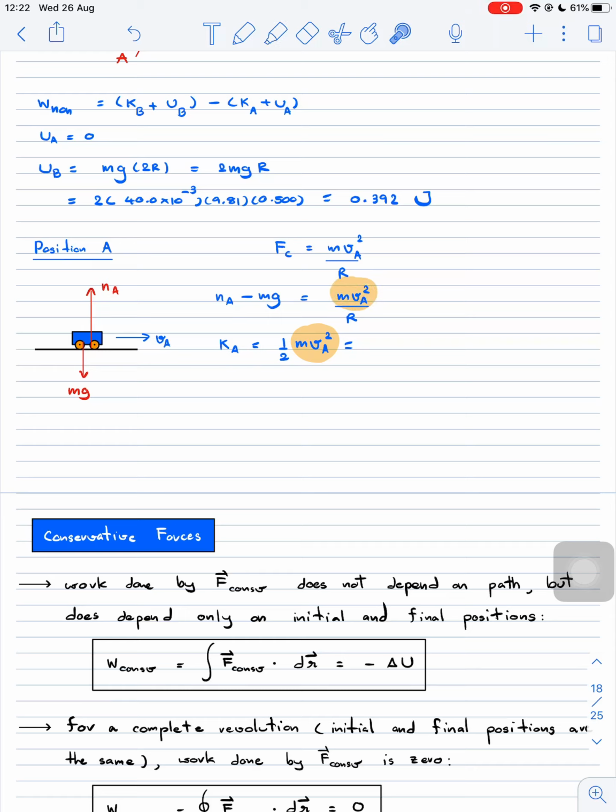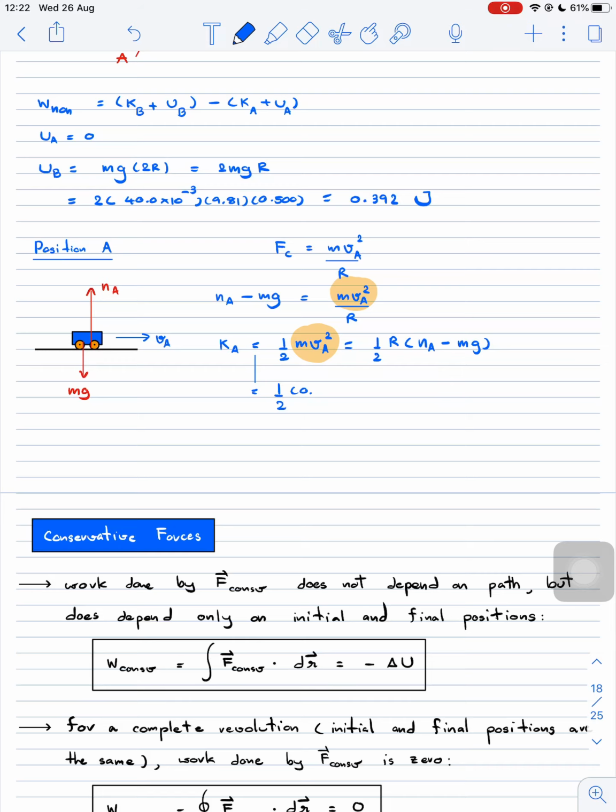If we move the r to the left-hand side and divide by 2, we get the kinetic energy of the toy car: 1/2 times r times Na minus mg. So now let's just plug in the numbers.